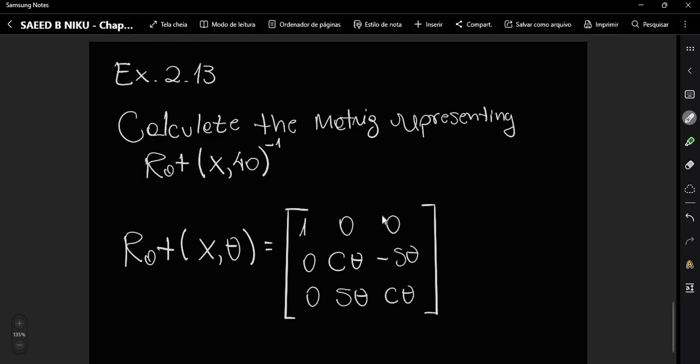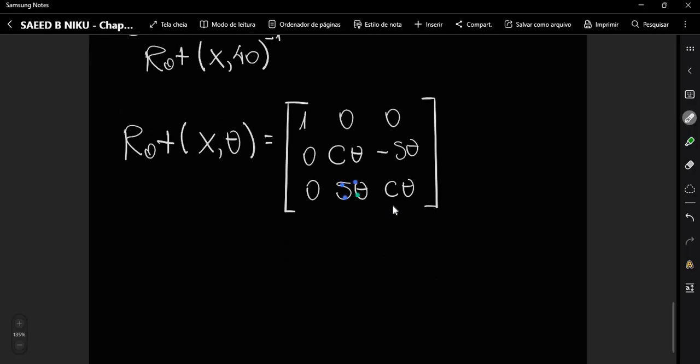And the cosine of 40 degrees is equal to 0.766.